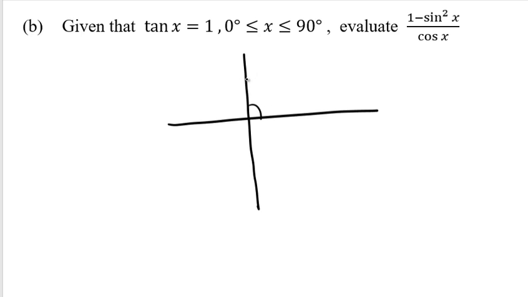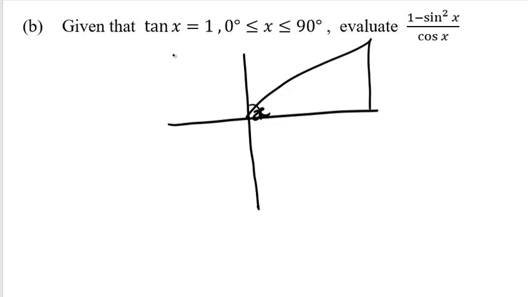Don't forget that in this first quadrant too, all the 3 trigonometry ratios are all positive. So we're going to assume our triangle in this quadrant. Okay, so we put our x here.